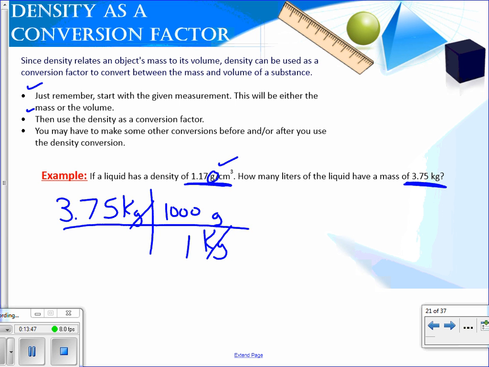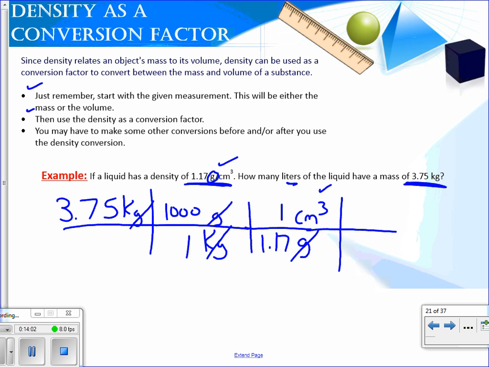So now we can use this conversion factor, grams per cubic centimeter, and it is 1.17 grams in 1 cubic centimeter. Right, so now your grams is gone. But if we stopped here, our answer would be in cubic centimeters, but we want liters. So we do know, I've told you a few times, that 1 cubic centimeter is 1 milliliter.